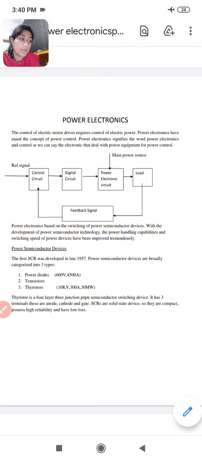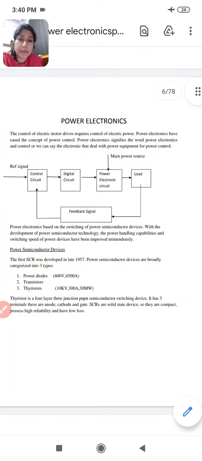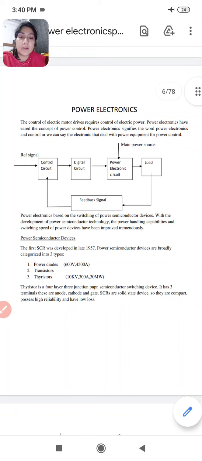We have to cover all these things one by one. In today's discussion I will talk about the very first power electronic device.